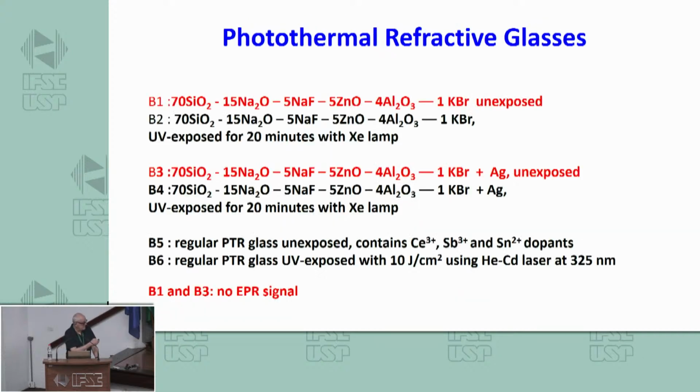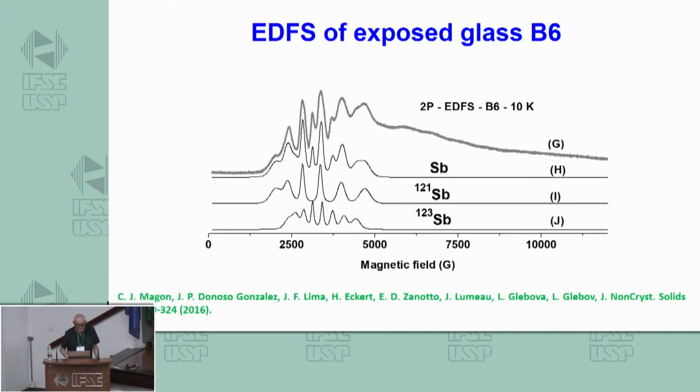I don't show it here, but the glass that did not contain antimony or tin, the standard glass shown over here at B2, showed only the broad hump here. It did contain cerium. So this broad hump that we're seeing in the pulsed EPR spectrum is just due to the cerium 3+ dopant.